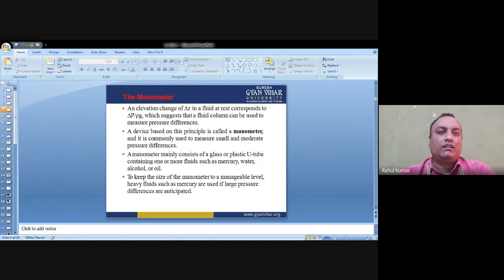Pressure measurement is vital to any process, and measuring pressure can give you a lot of information about your system.